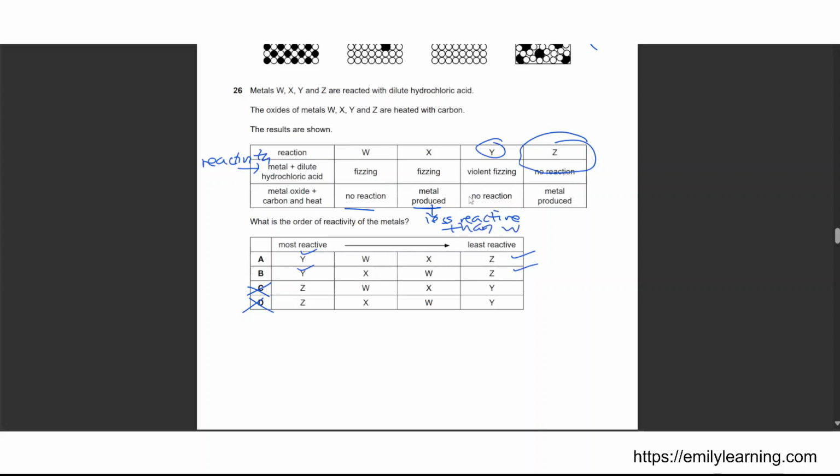Y, which is the most reactive, has no reaction because this reaction is for the less reactive metals. The less reactive the metal, the more readily the metal oxide gets reduced. So from these results we know that X is less reactive than W, so the answer for 26 is A.